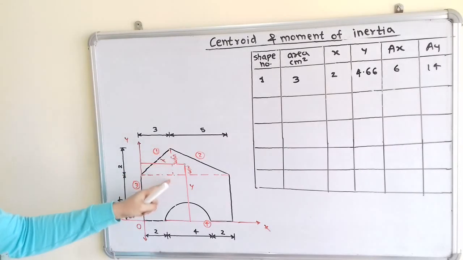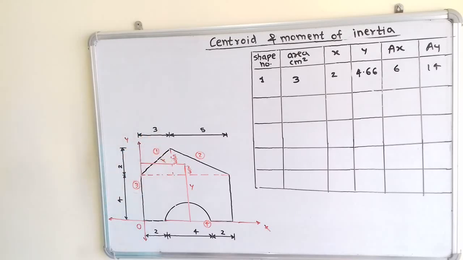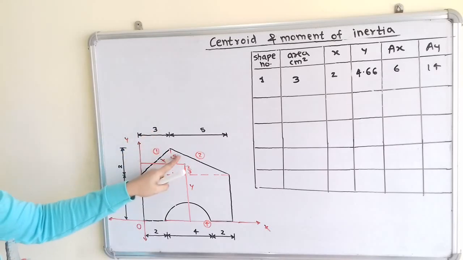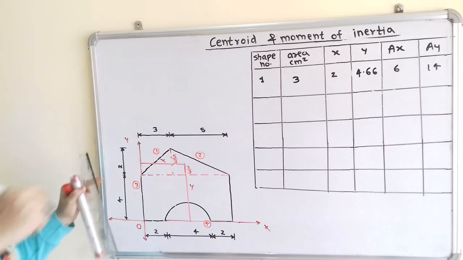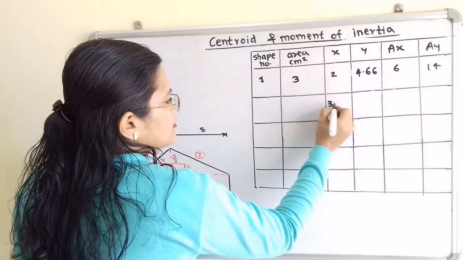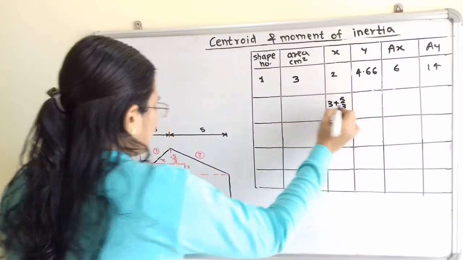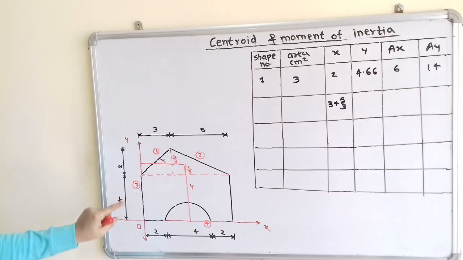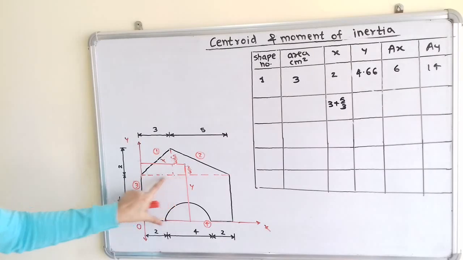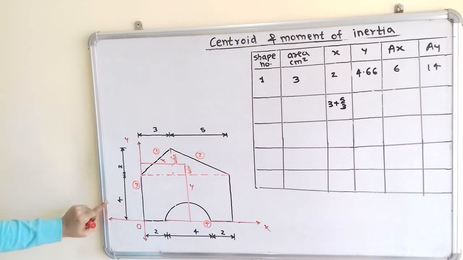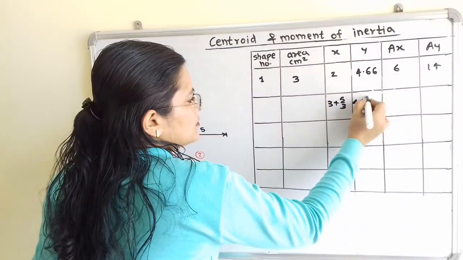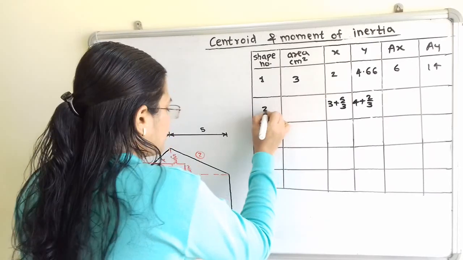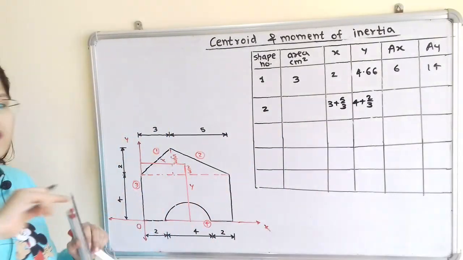Up to this point a 3 centimeter measurement is given, so 3 plus 5 by 3 is the value of x. Now how do we calculate the value of y? Up to this horizontal line the measurement is 4, so y is 4 plus 2 by 3. Now for the second shape we have to calculate the area.